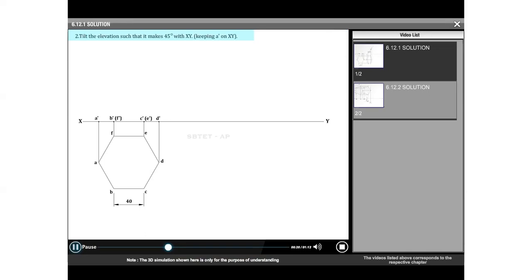Now tilt the elevation such that it makes an angle of 45 degrees with XY line. Now project the corresponding plan.